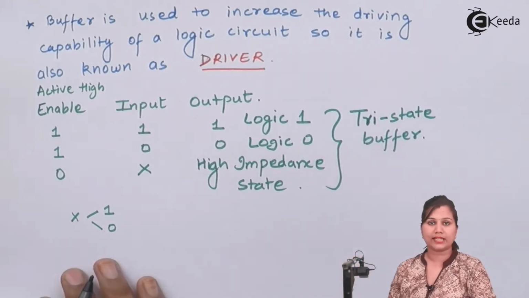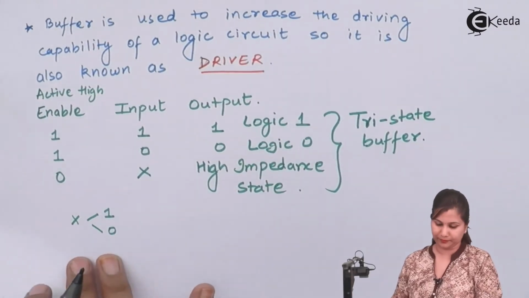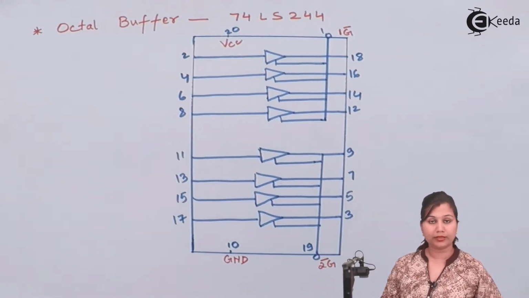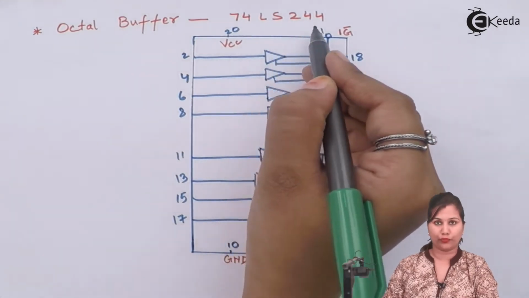Now let's take some examples of tri-state buffers. The first example is the octal buffer, whose IC number is 74LS244.